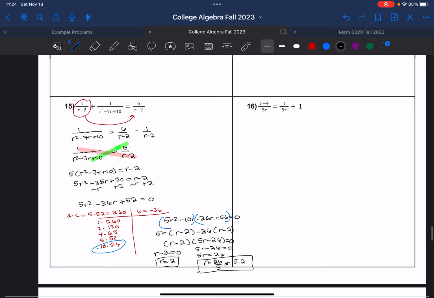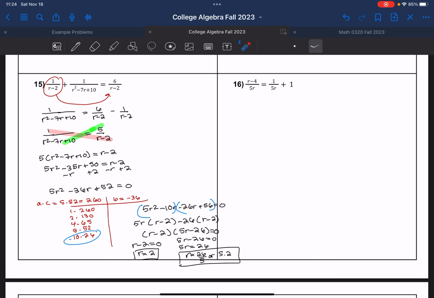Okay. So I have to check if 2 and 5.2 will make any of these 0. Okay, so let's look at 2. If I plug in 2 into this first one, 2 minus 2 is 0. Right away, that gives us 1 over 0, which is undefined. So this is not an answer.